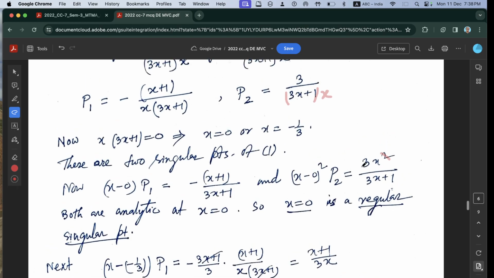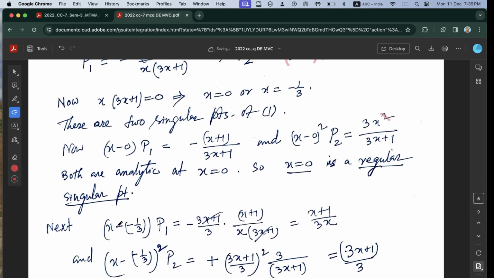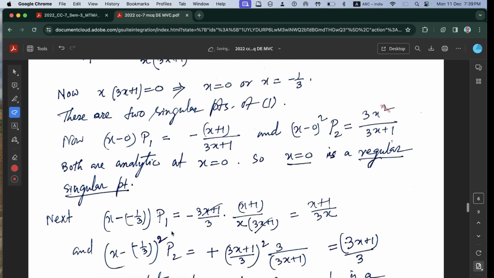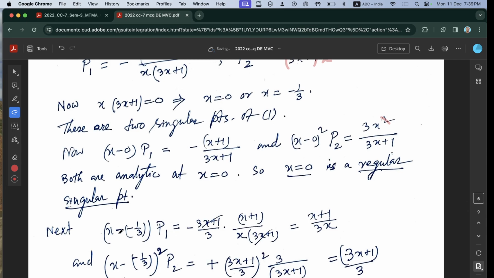Next, for the point x equal to minus 1 by 3, (x minus 1 by 3) p1, that is x plus 1 whole divided by 3x plus 1. So cancel this term, 3x plus 1.